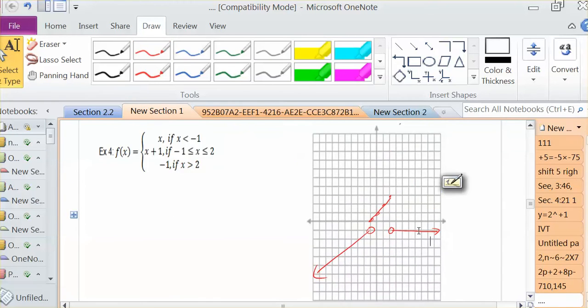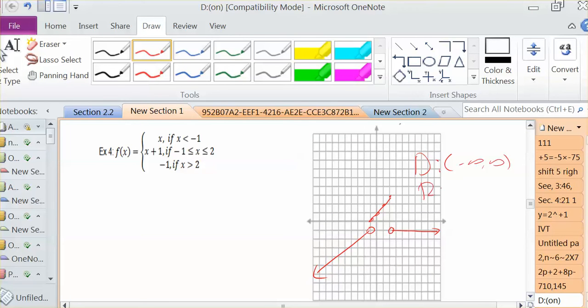Domain and range is still all real numbers for domain. Range, definitely we're covering up to -1. -1 is actually included because of that line right here. And then united with from y equals 0 to y equals 3. We're looking at y values for range.